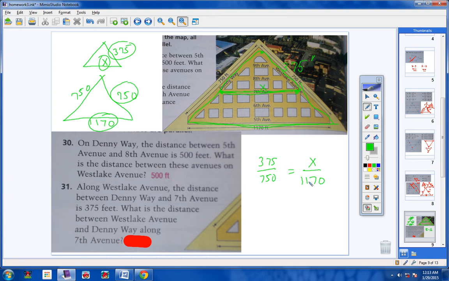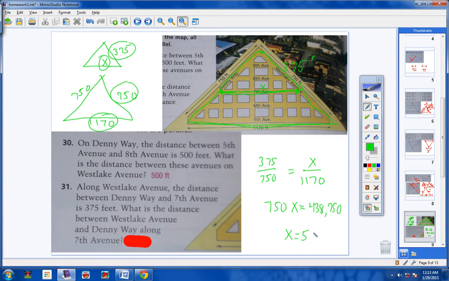So 750 times X is 750X. 375 times 1,170 is 438,750. Okay, then we're going to divide that by 750, and we should get the answer, which is 585, which is correct.